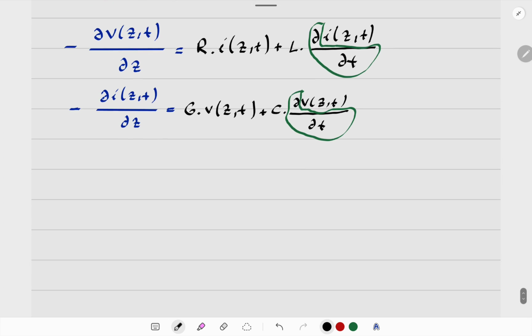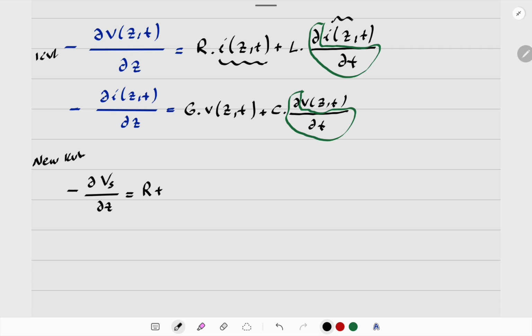If we rearrange the problem and simplify it, for the new KVL, del Vs over del z is equal to R plus, and the currents are in common for both R and L. So we take these currents out of the parentheses.